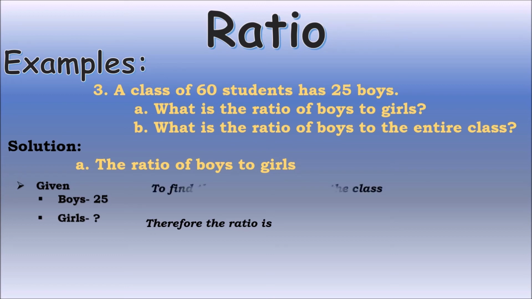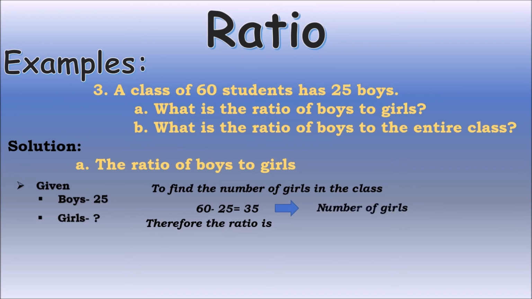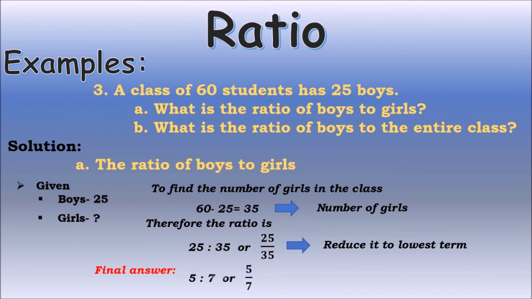To find out the number of girls, subtract the number of boys from the number of students in the entire class. So we have 60 minus 25, which is 35. Therefore, there are 35 girls in the class. So the ratio of boys to girls in the class is 25 boys is to 35 girls, or 25 over 35. Again, we can reduce this to lowest term by dividing both the numerator and denominator by the GCF, which is 5. So the ratio is 5 is to 7, or 5 over 7.